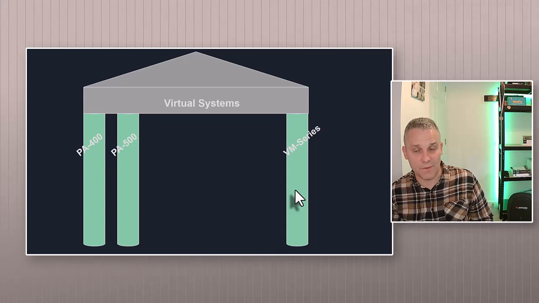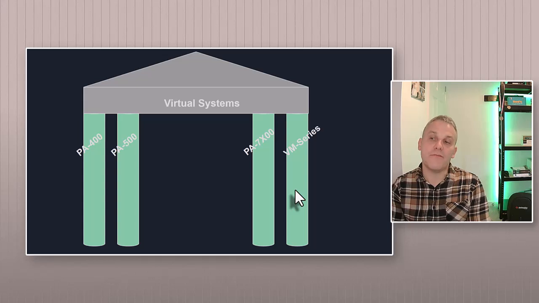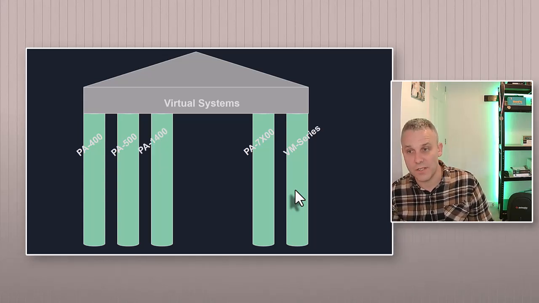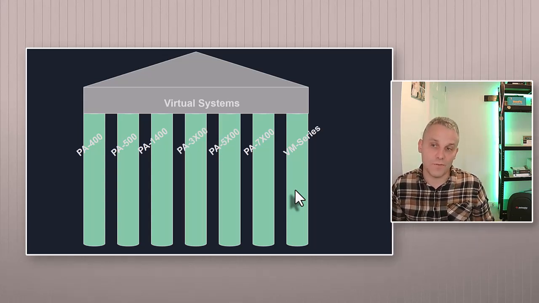Certain PA-500s have support for VSYSs, and the 7000 and the 7500 definitely 100% support virtual systems, and so on and so forth. So those are the kind of firewalls that support VSYSs at the moment.